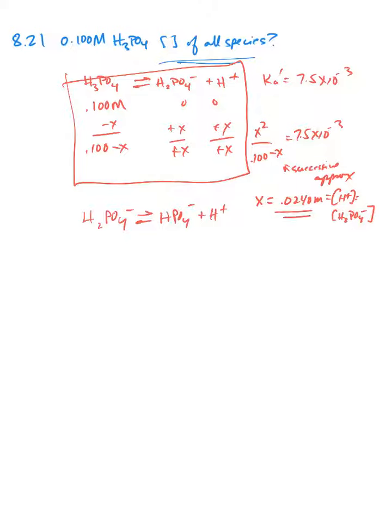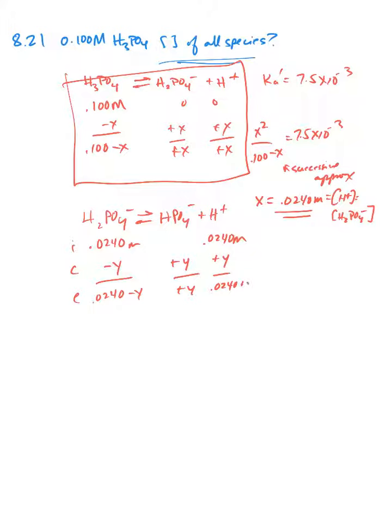The X that you basically went toward in part A becomes the initial concentration in part B. So the initial concentration of the dihydrogen phosphate and the protons fill up spots on the initial line. In the change line, I'll use the letter Y to distinguish it from above, which means that we're going to get a different amount of dissociation than we did in the first part.